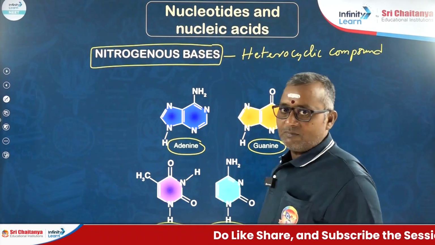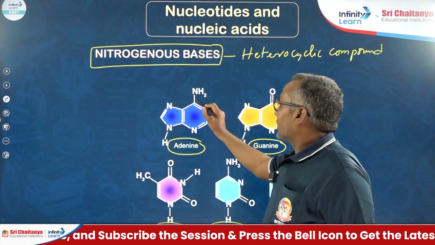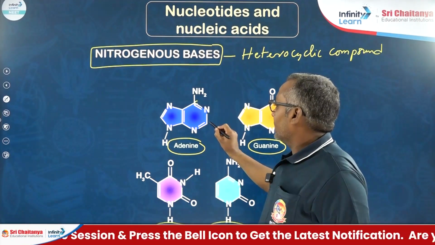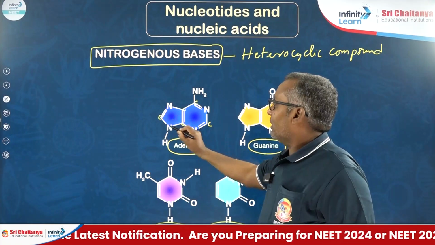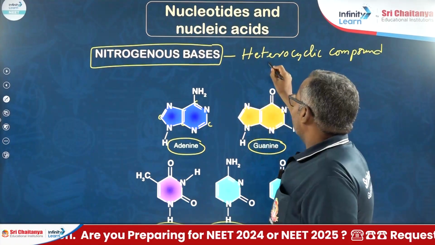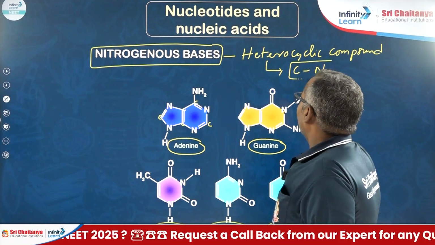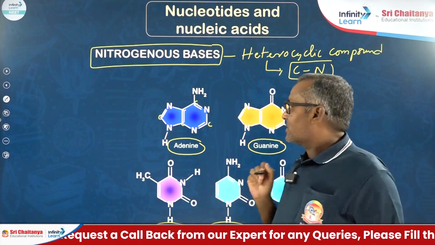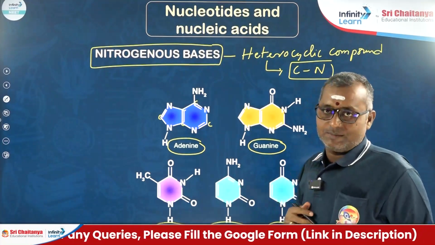Because they have a ring which is made with carbon and nitrogen. Here there is carbon, nitrogen, carbon, nitrogen, carbon, nitrogen, carbon, nitrogen. As the ring is made with carbon and nitrogen, these are said to be heterocyclic compounds.